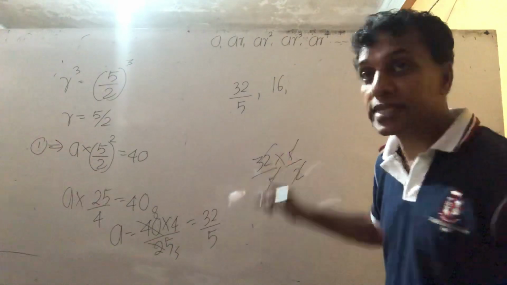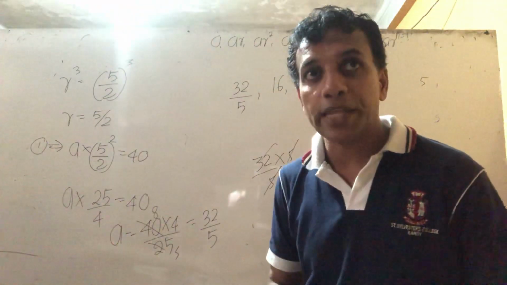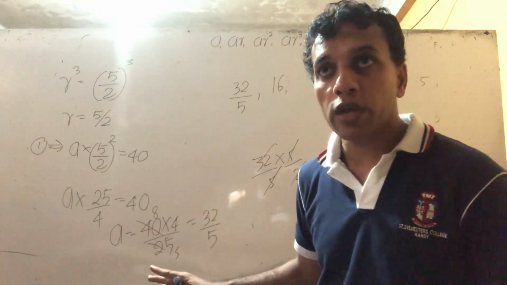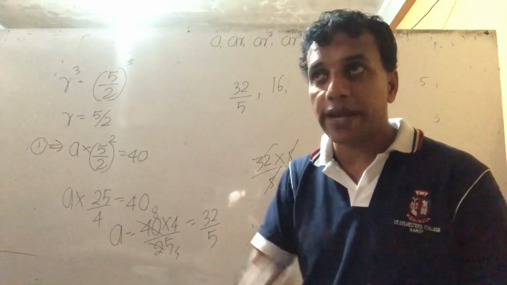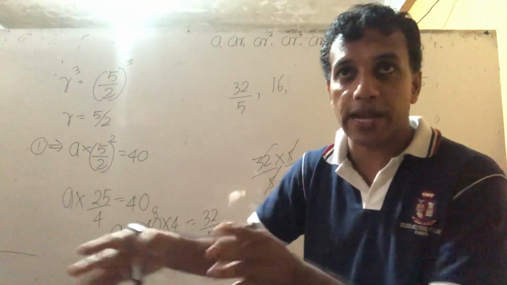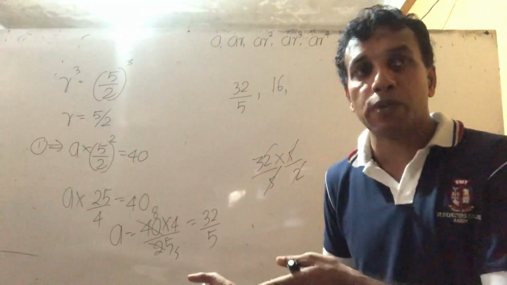The second term is 16. Note that if A and R are known, they may ask you to write the series, the first 4 or 5 terms. So practice how to answer that part.